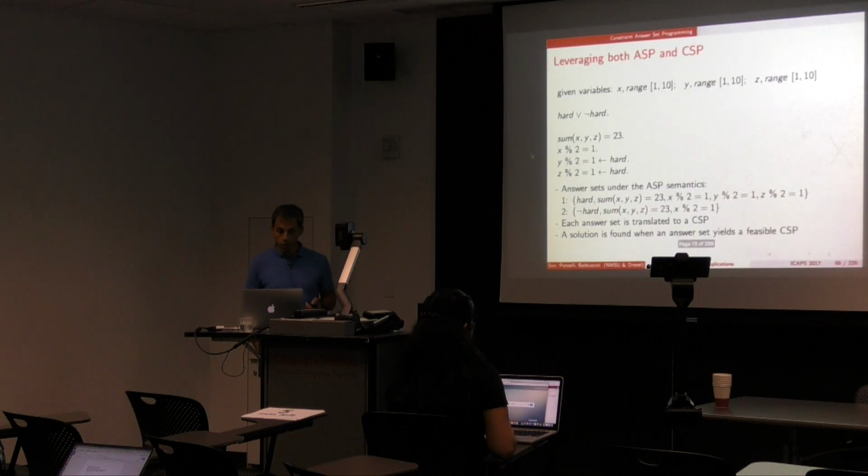So that's the high-level idea. But in what I just showed you, there's really no ASP except for the fact that those are facts. So it's just a CSP. So where's the ASP component of this?